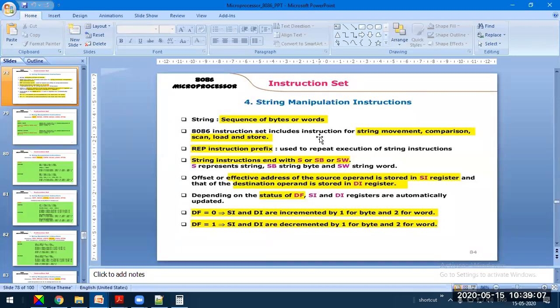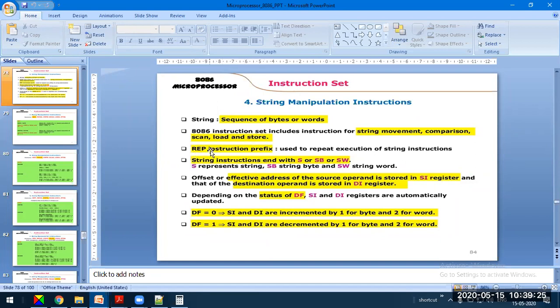Unlike 8051, which has no string manipulation instructions, the 8086 provides some. They include instructions for string movement, just like data movement, as well as comparison, scan, load, and store.